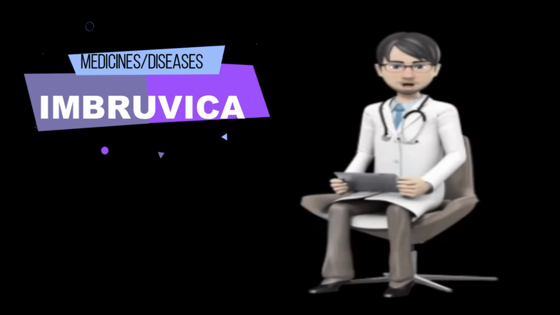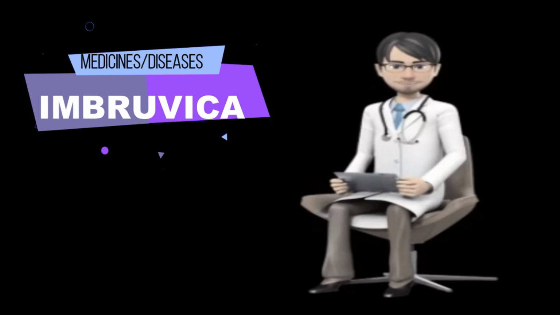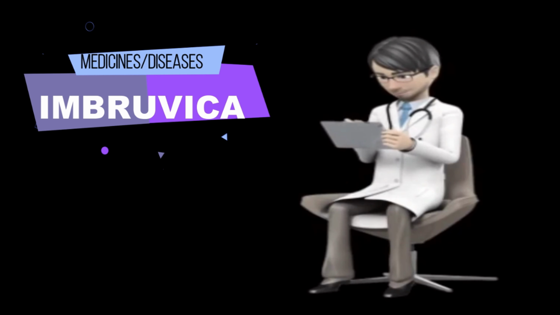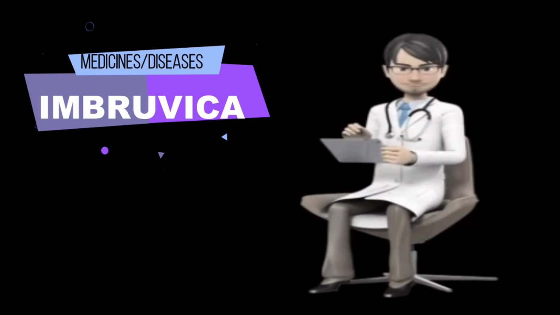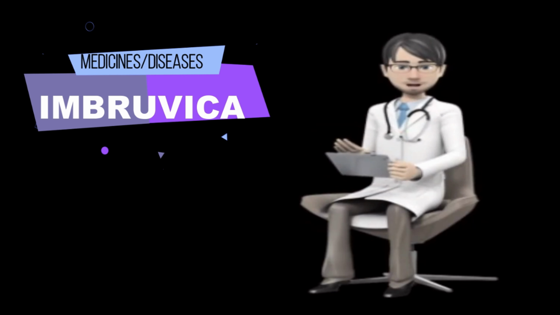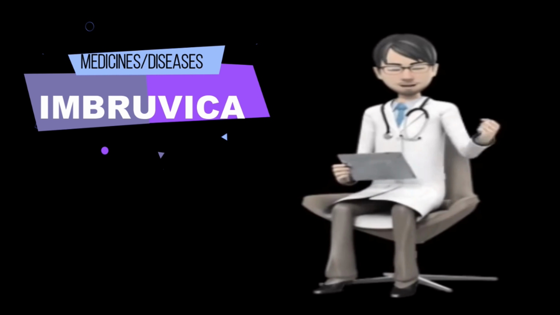Chronic graft versus host disease, cGVHD, after failure of one or more lines of systemic therapy for adult and pediatric patients aged 1 year and older. Imbruvica is no longer indicated for mantle cell lymphoma, MCL, or marginal zone lymphoma, MZL. Imbruvica was first FDA approved on November 13, 2013.